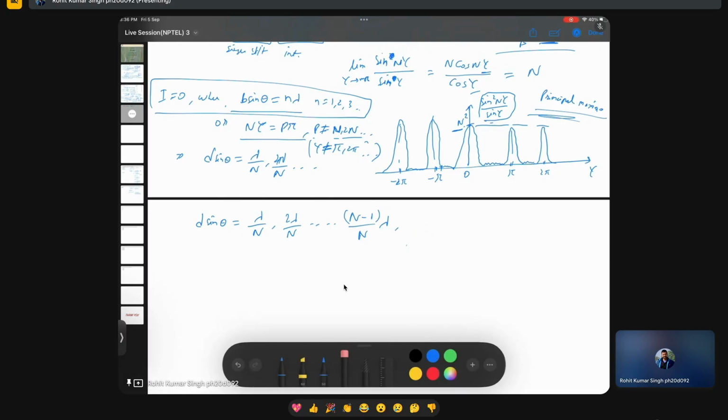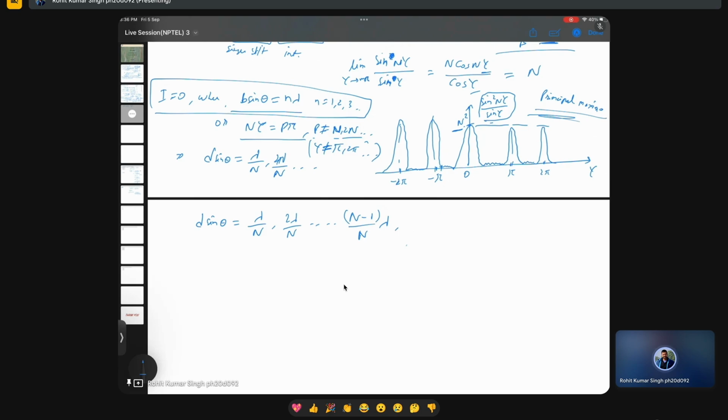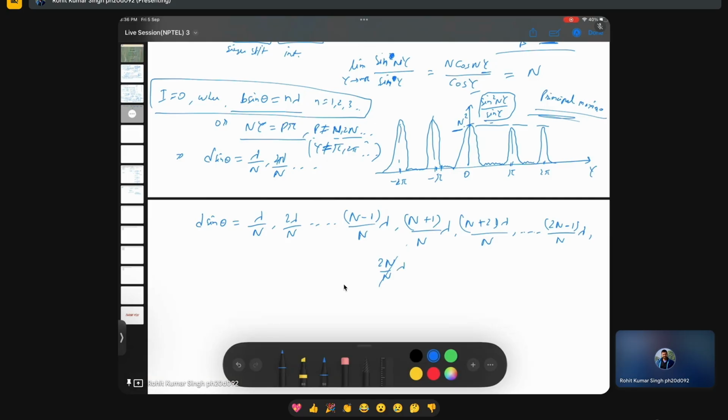So then we have to jump to n plus 1 by n lambda, and then again n plus 2 by n lambda, and so on, and then again we will have 2n minus 1 by n lambda, and then again we will not have 2n by n, right? Because this is just 2 lambda, which is the condition for principal maxima.